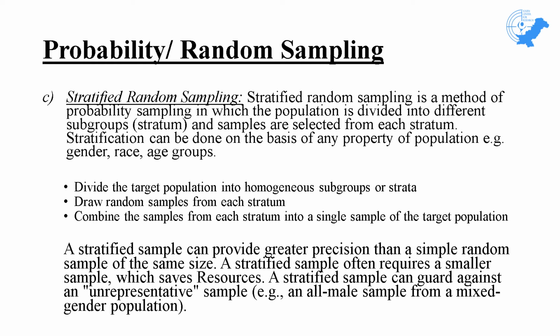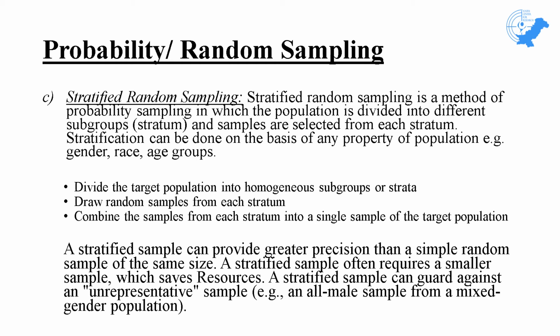A stratified sample can provide greater precision than a simple random sampling technique. A stratified sample often requires a smaller sample, with saved resources. A stratified sample can guard against an unrepresentative sample, for example, an all-male sample from a mixed gender population.